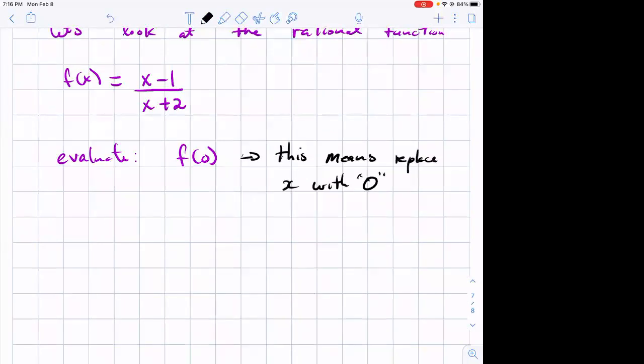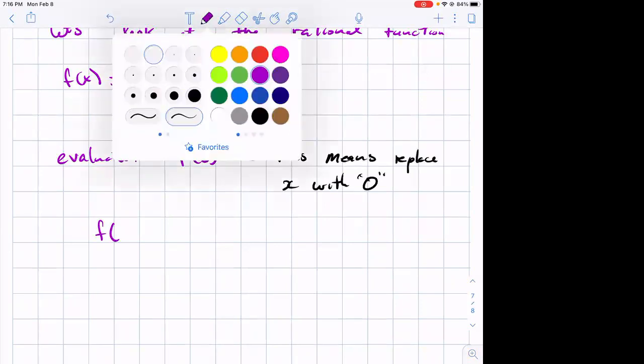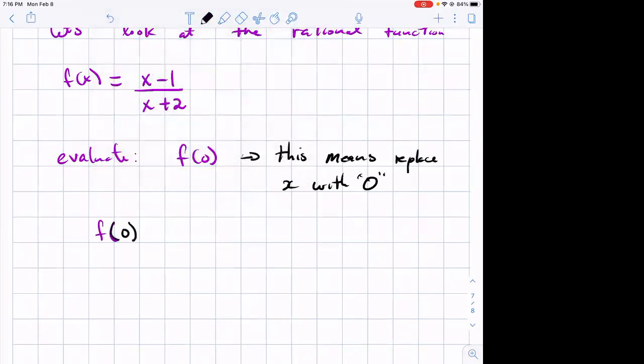So f of 0 is equal to, well, let's use the same color. F of 0, notice that I'm plugging in 0 now for x, and that is equal to 0 minus 1 over 0 plus 2.